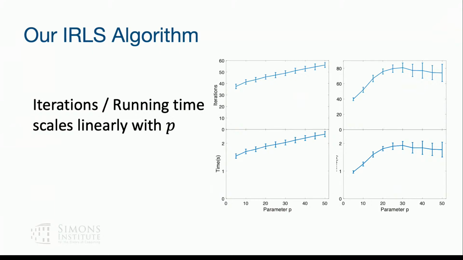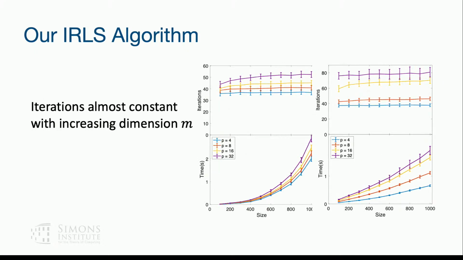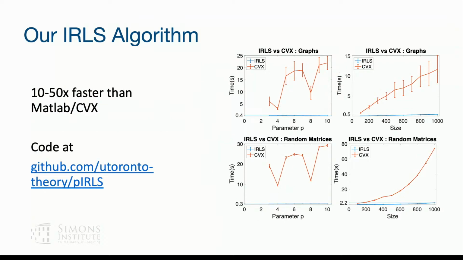And in practice, we also see that the running time scales linearly with P, even though our bounds show that it's something like P cubed or something. And with the dimension, it looks like it's almost constant. It's not increasing too fast. So in practice, it seems much faster than what we prove.